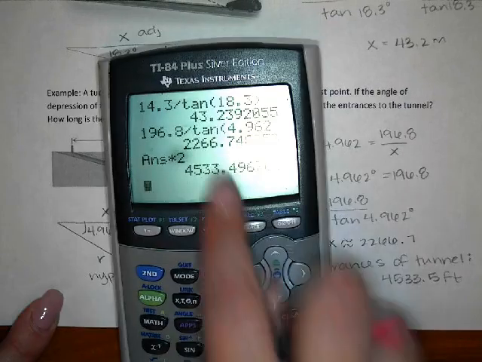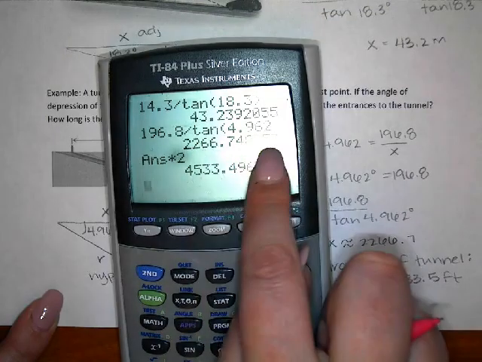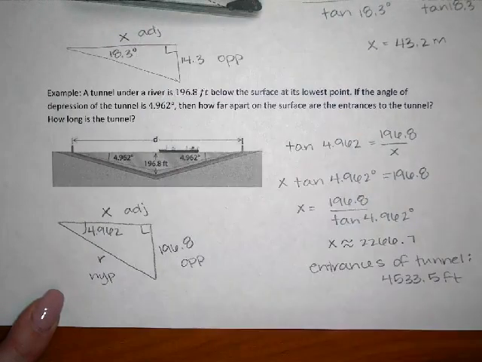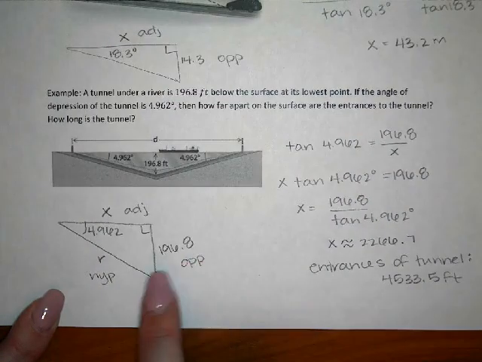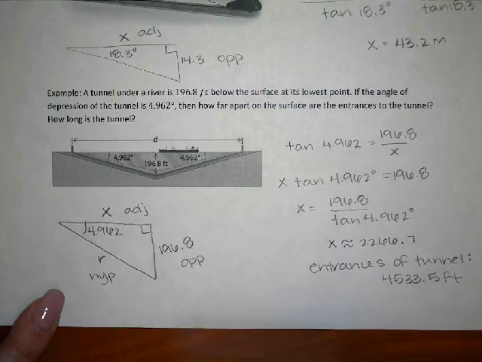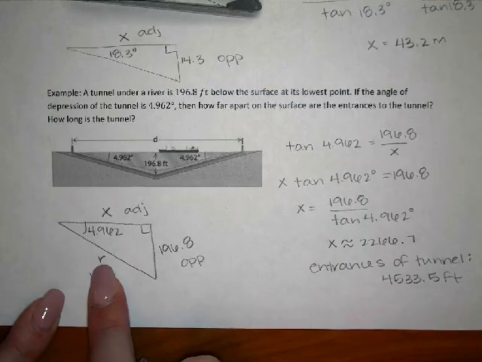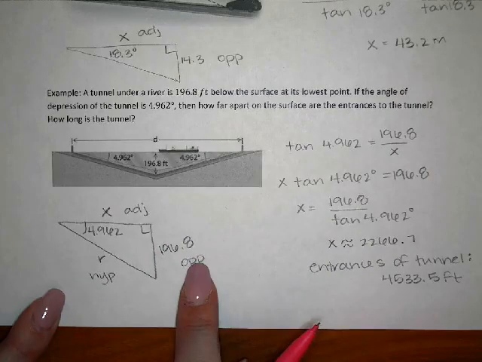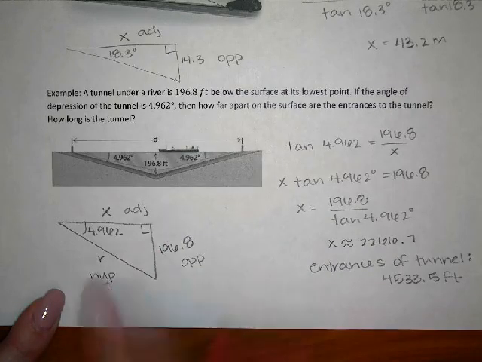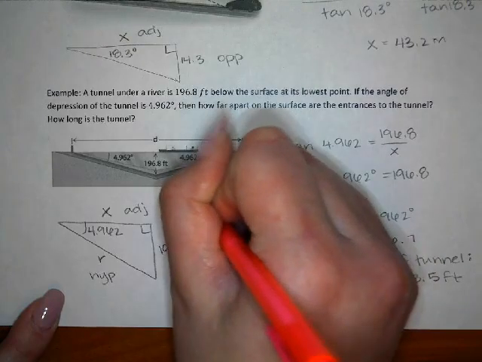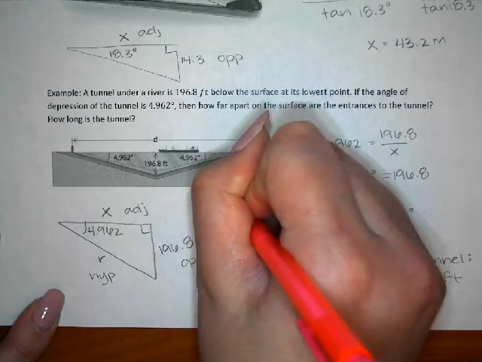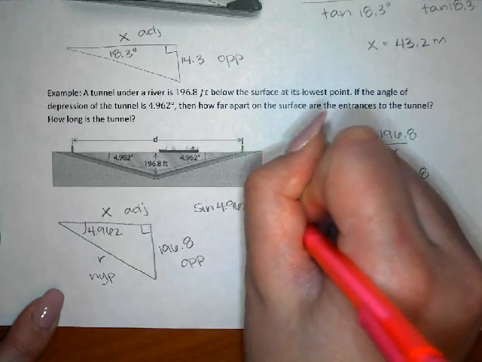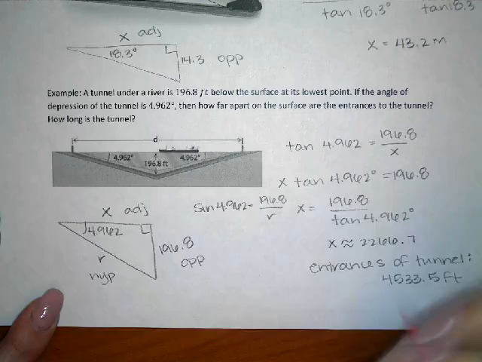So what I'm going to go ahead and do is, instead of using the decimal from my calculator, I'm just going to set up another trig equation to solve. So for this, I have the opposite side and the hypotenuse. That would be sine. So sine of 4.962 equals opposite over hypotenuse. And then it's going to be just like this process again, but instead of having tangent, we're going to have sine. So I'm going to multiply r to the other side.